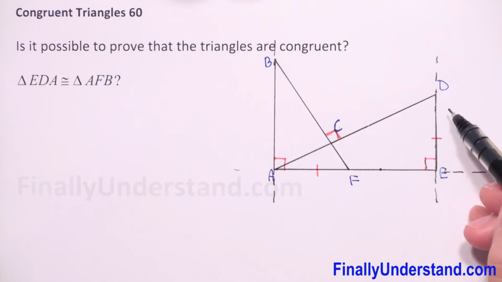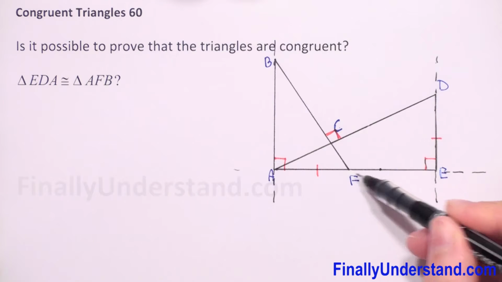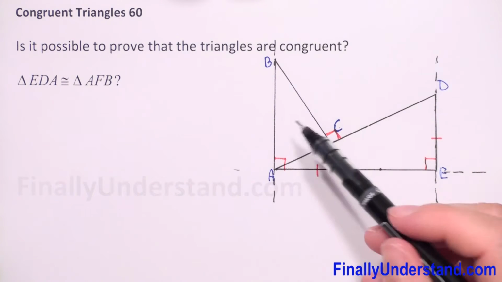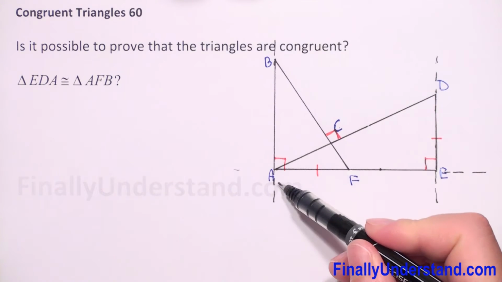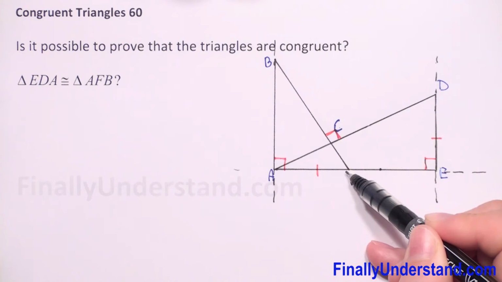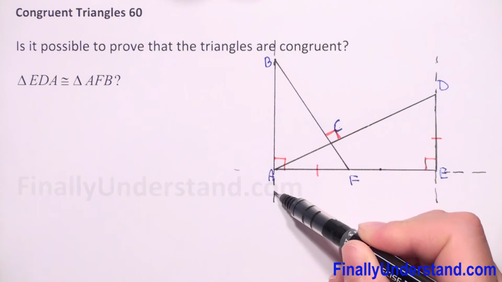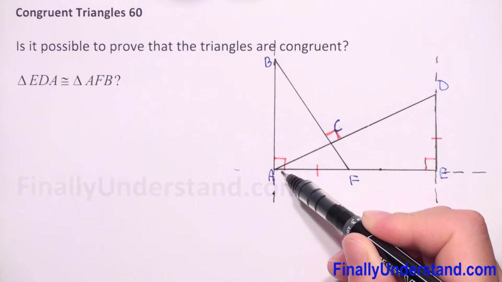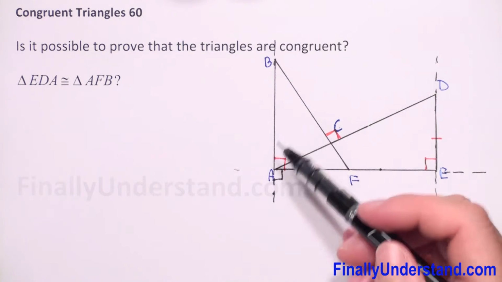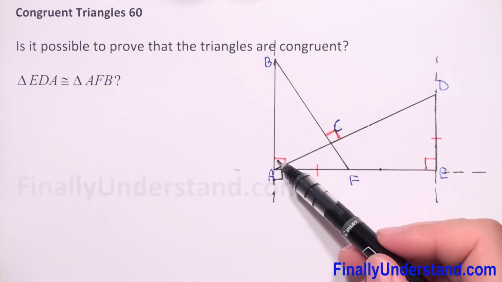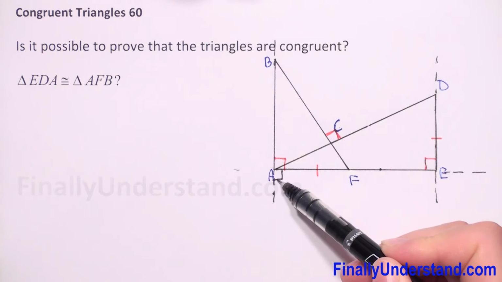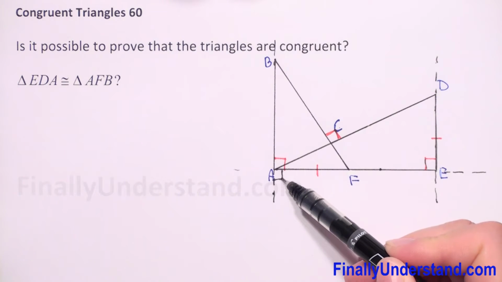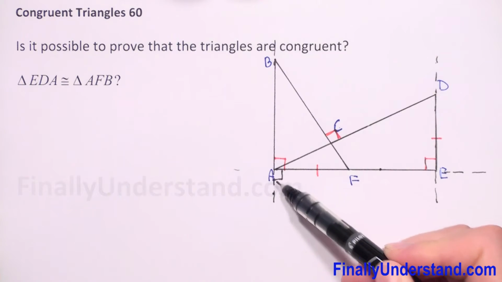Because angle DEF is right angle and angle BAF is right angle, it means that the angle on the other side, FA, will be right angle too, because we have straight angle here. So if we have here 90 degrees, on the other side we have to have 90 degrees too, because 180 minus 90 degrees is 90 degrees.